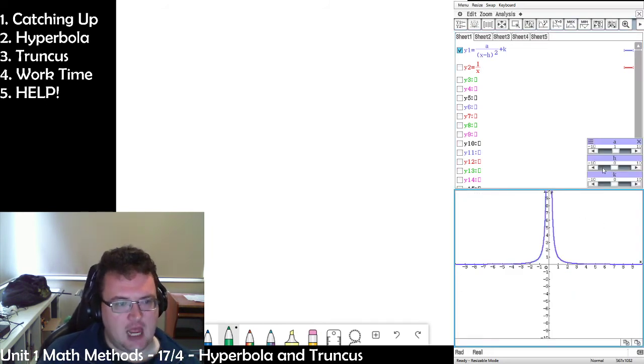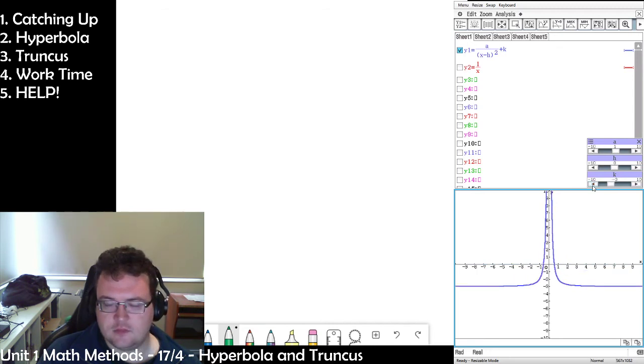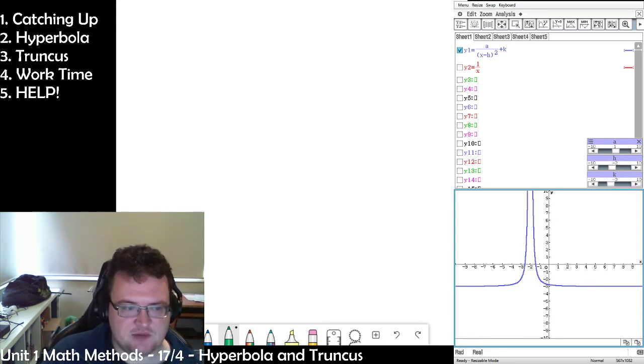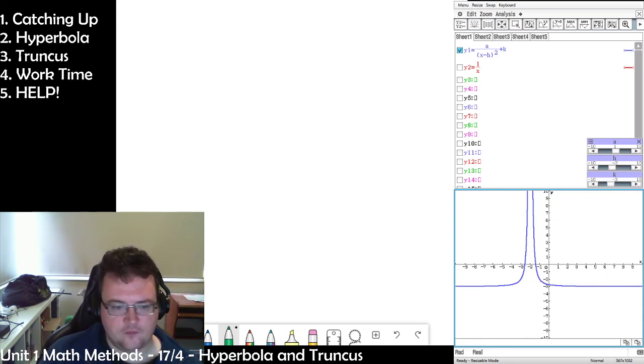If I move it down, I have changed my k value. And if I've moved it to the left, how many intercepts does that graph have? It now has 3.